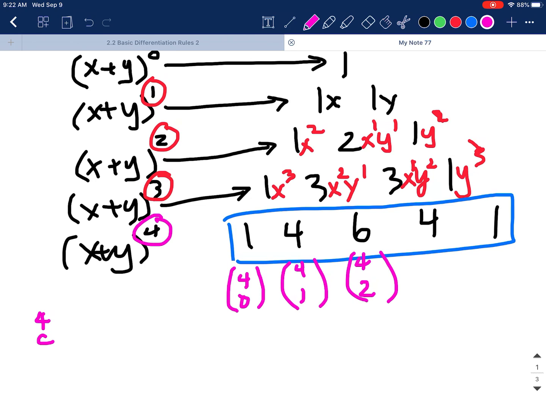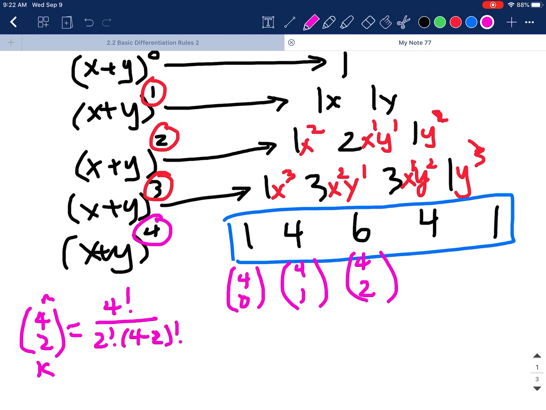So let's look at that. 4 choose 2, and note this is n, this is k, would be 4 factorial over 2 factorial times 4 minus 2 factorial. So we can just verify. 4 factorial is 4 times 3 times 2 times 1, which is 24. 2 factorial is 2 times 1. And then 4 minus 2 factorial is 2 factorial again. So then I get 24 divided by 4, which is 6. Exactly what we wanted there.